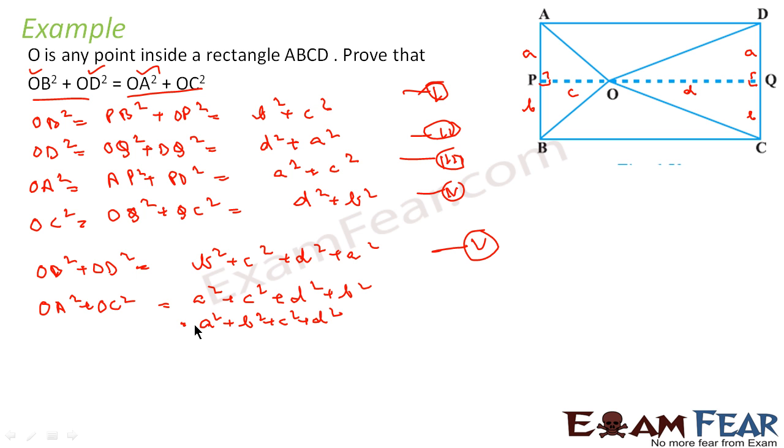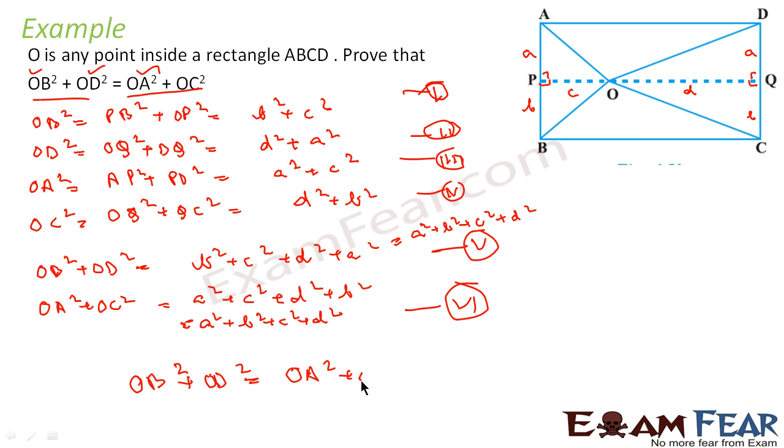Correct? This also, if I arrange, is nothing but A square plus B square plus C square plus D square. So if you see, LHS and RHS are equal. So from 5 and 6 we can say that OB square plus OD square is equal to OA square plus OC square, and that is my answer.